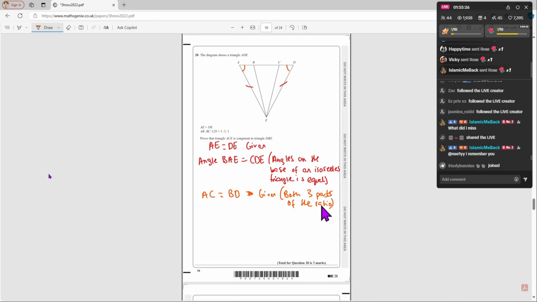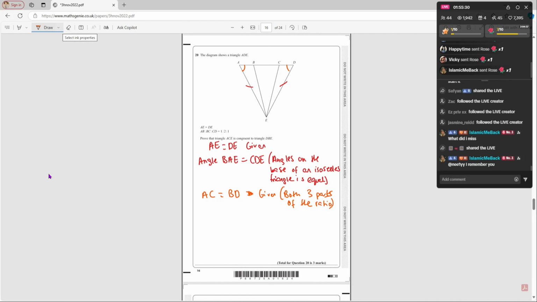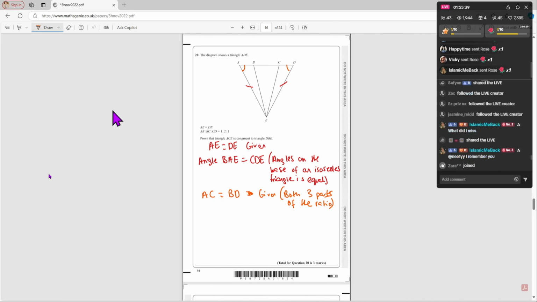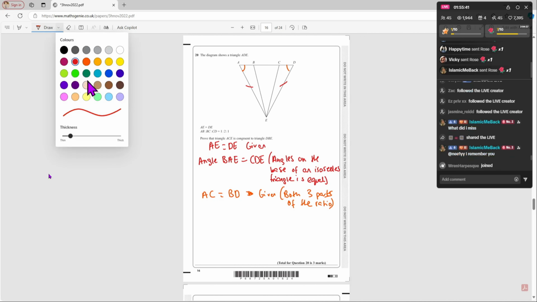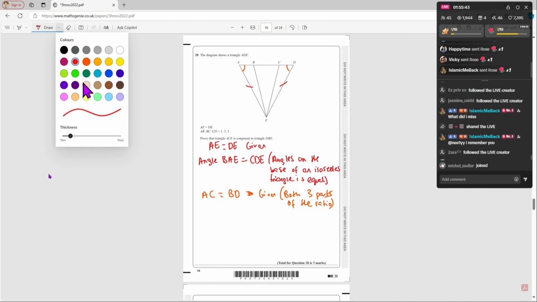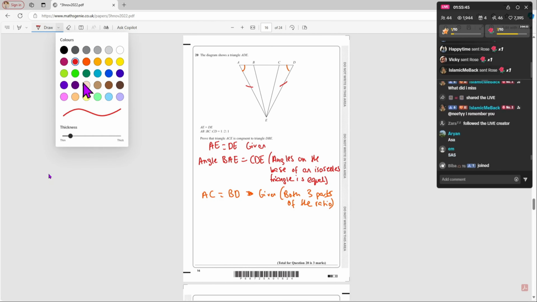And then now we have done that. What acronym are we going to write? If there are 2 sides equal and 1 angle equal, what are we going to write at the end? Does anyone know?